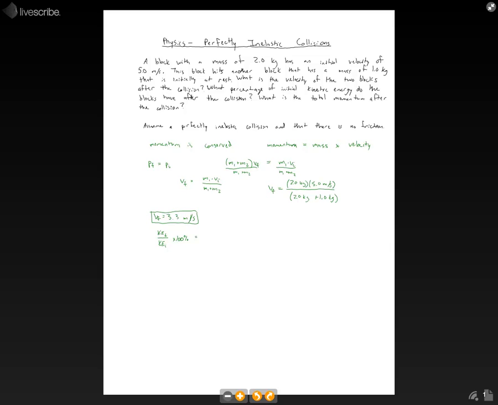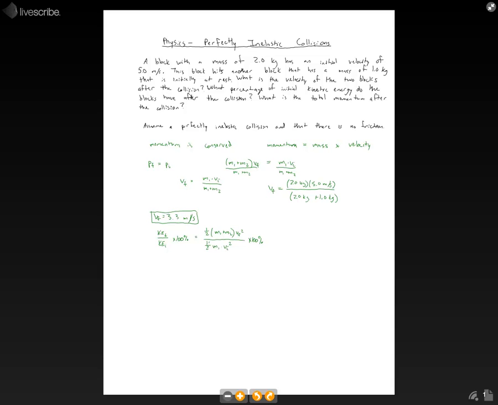The final kinetic energy is 1/2 multiplied by mass multiplied by velocity squared. The final mass was the two masses added together, and then we had our final velocity squared. And our initial kinetic energy can be written as 1/2 the first mass multiplied by the initial velocity squared. And again, I'll tack on this times 100%, so we remember to make it a percentage.